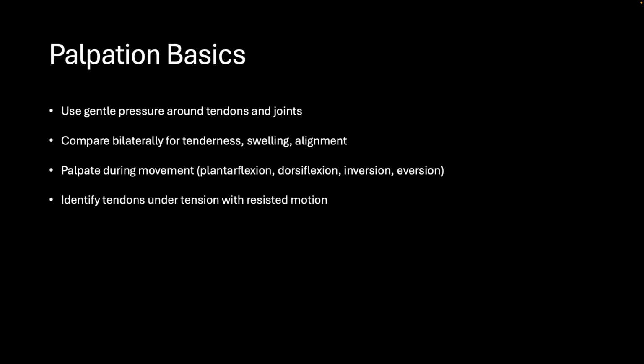That can also affect how they walk, right? Which can work its way up the chain and affect their back and so on. So palpate during movement, and then you can identify some tendons under tension and resisted motions as well.